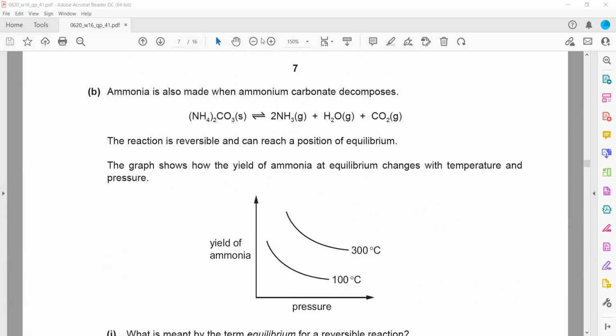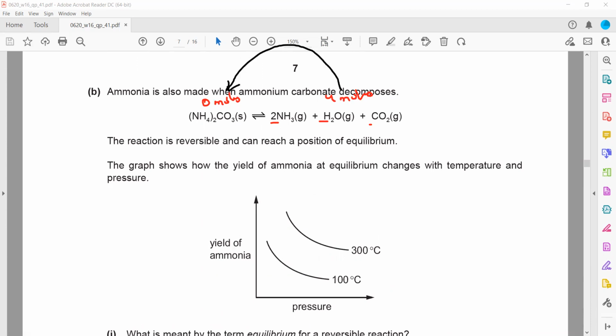Whenever we increase the pressure, the equilibrium will shift towards the side where the number of moles of gas is less. So what will be the effect if we increase the pressure? The yield of ammonia will decrease. And what is the reason for that?